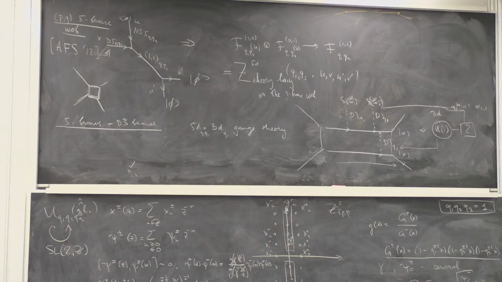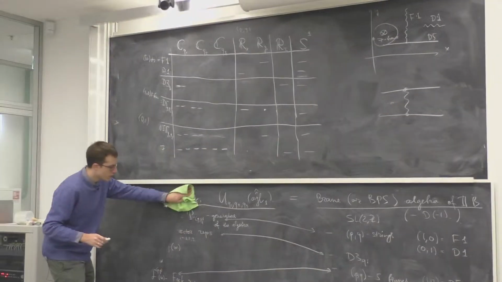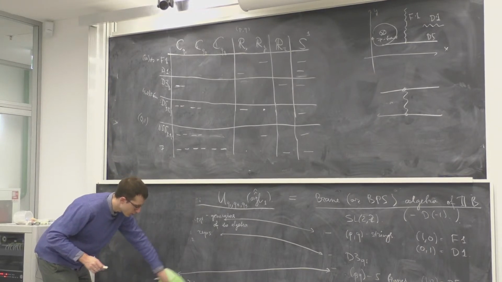So that's the theory with the defect. And it is possible to compute the partition function of this theory with defect in an independent way and compare. Apparently yes. I didn't try many examples, but I think it gives the right answer.